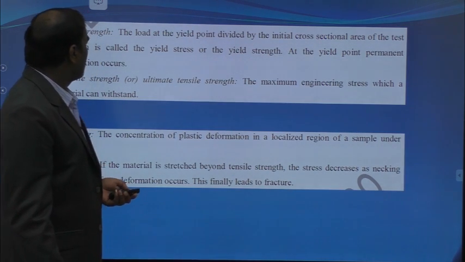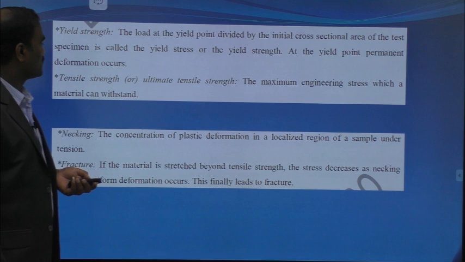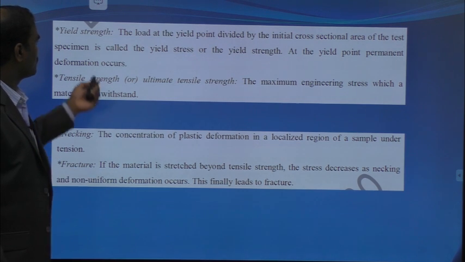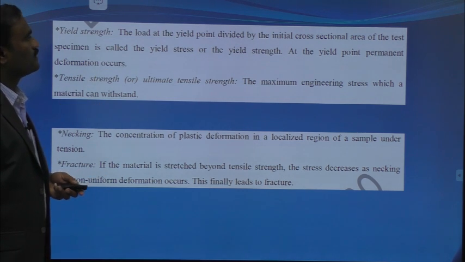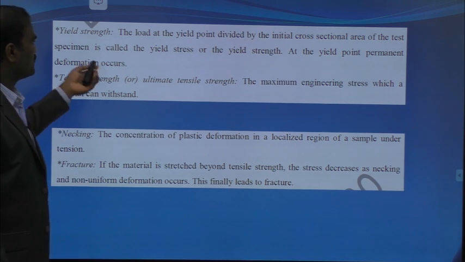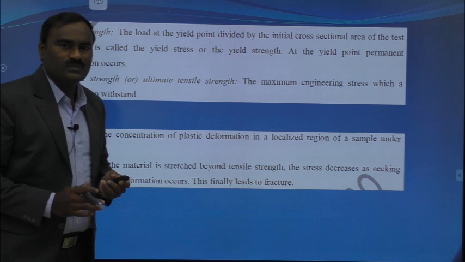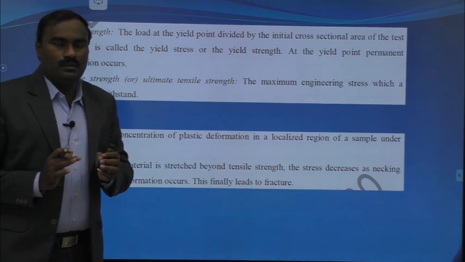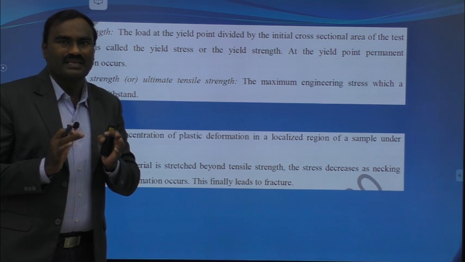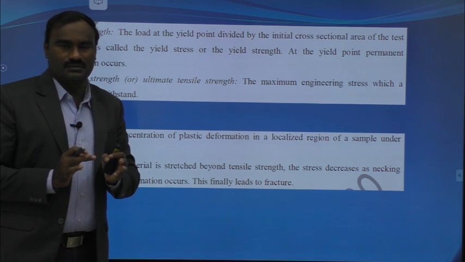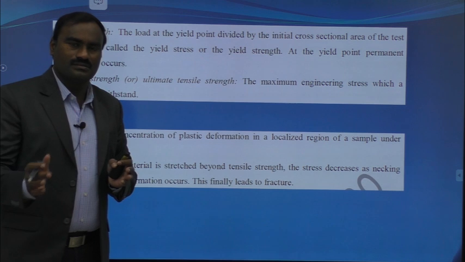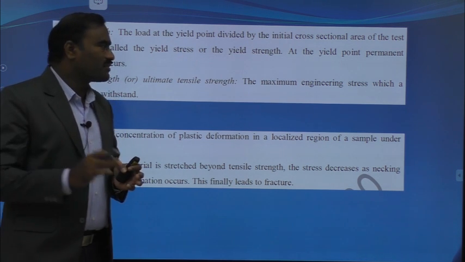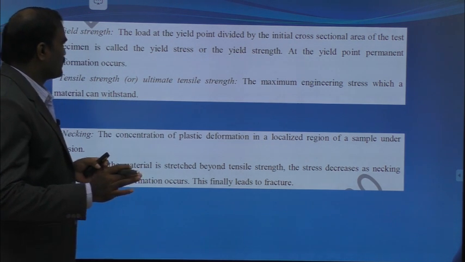So these are the important definitions. If you want, you can note them down. The yield strength is the load at the yield point divided by the initial cross sectional area. Otherwise, at the yield point it is the transition stress value at which the material changes from elastic deformation to plastic deformation.